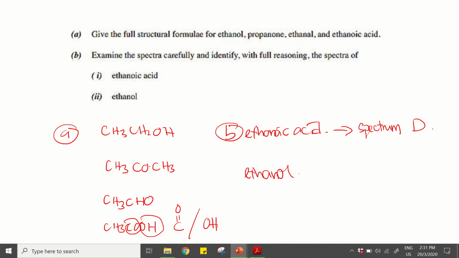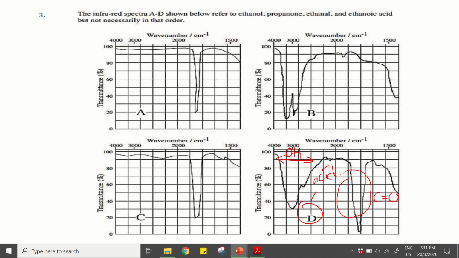All right, so let's go for ethanol. Again, what is the functional group in ethanol? I should have an OH group. The alkyl group, we just ignore this, CH stretching and bending. So just look at the alcohol group. As I mentioned just now, when you have an OH group, regardless of carboxylic acid or alcohol, you should have a broad OH peak. So other than D, which one actually has a broad OH peak?